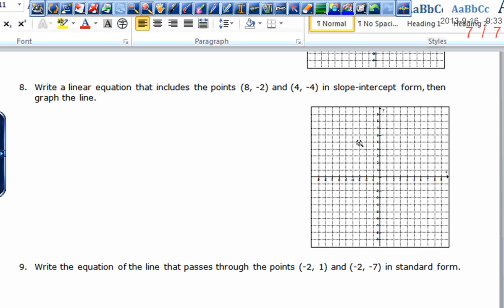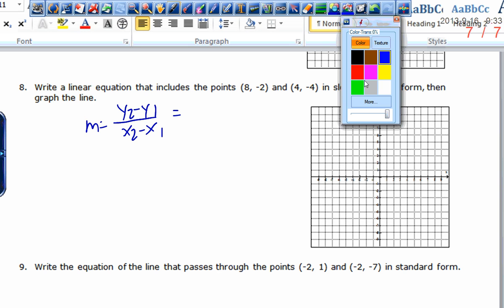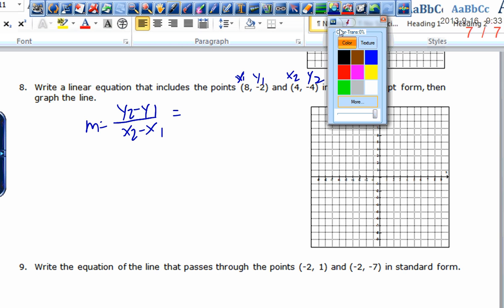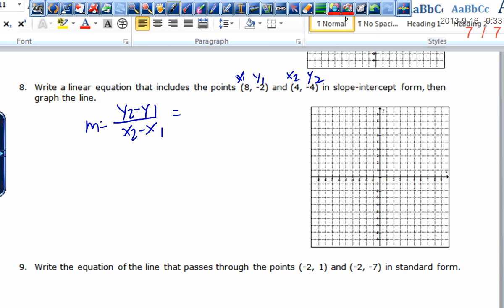It's the same thing. So first, I'm doing my y2 minus y1 over x2 minus x1 because that's what slope is. I'm going to mark what I'm using as x1 and y1, x2, y2. So I got -4 minus -2.